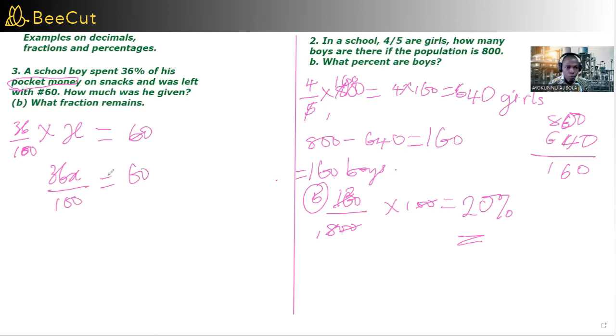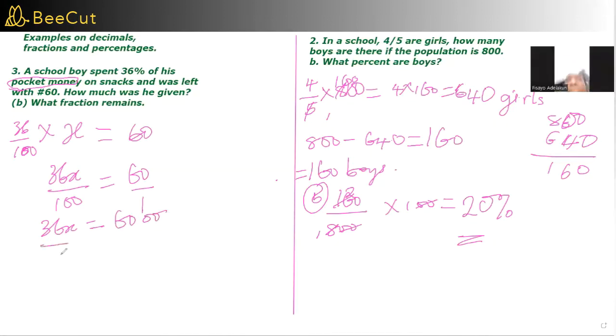Now I'm going to cross multiply. 36X times 1 is 36X, and 60 times 100 is 6,000. So I will divide both sides by 36. So 36 cuts away 36, and I have X to be whatever this gives me. So how many 6? Yeah, that is 6.